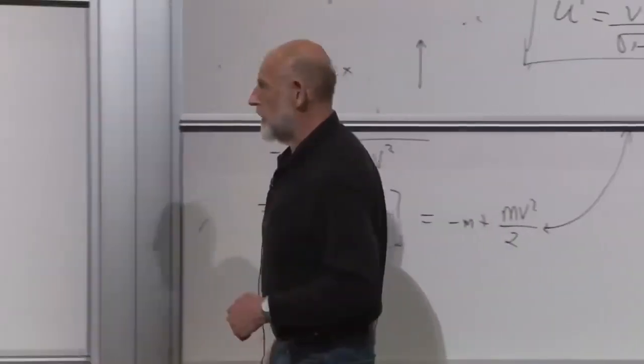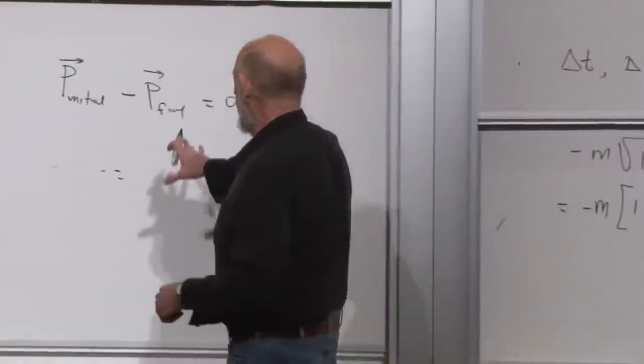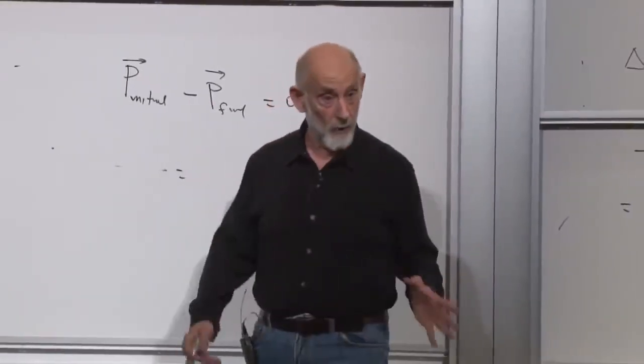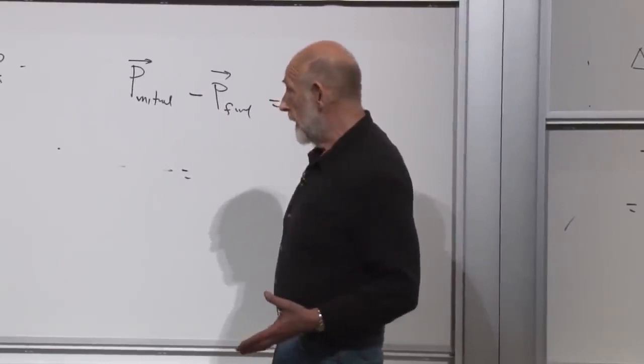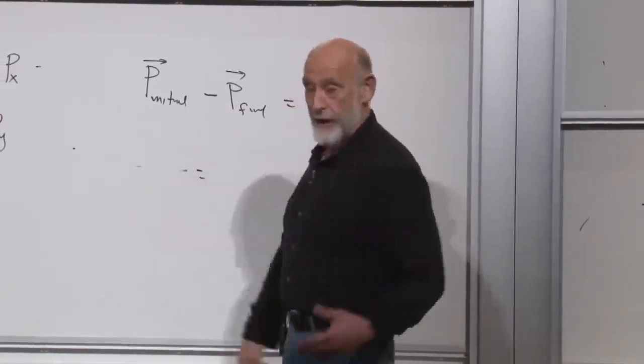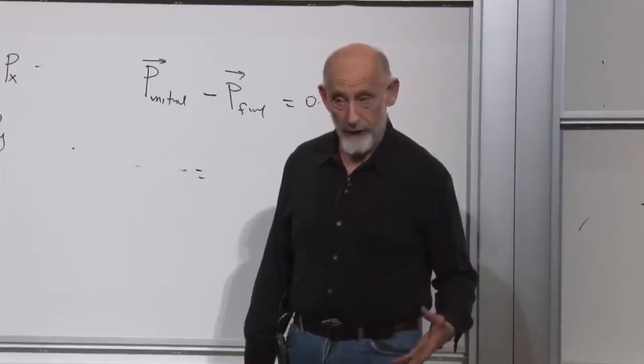It's only an invariant statement if we can identify a 4th component and say that the 4th component is also conserved, such that the 3 components together with the 4th component add up to a 4-vector.